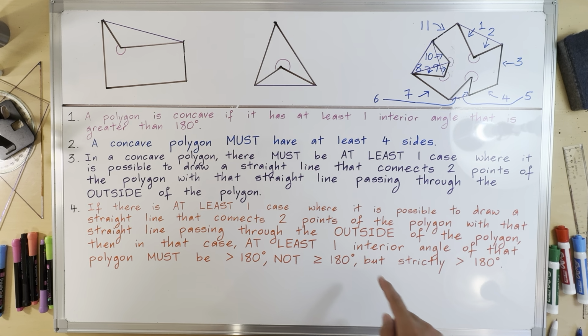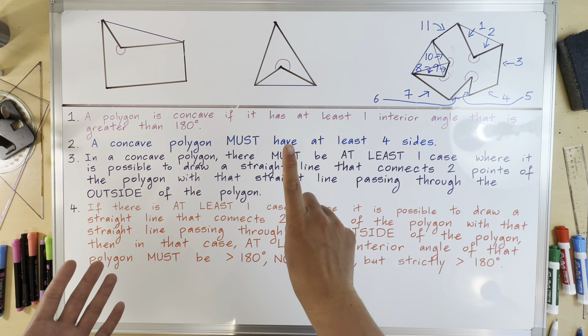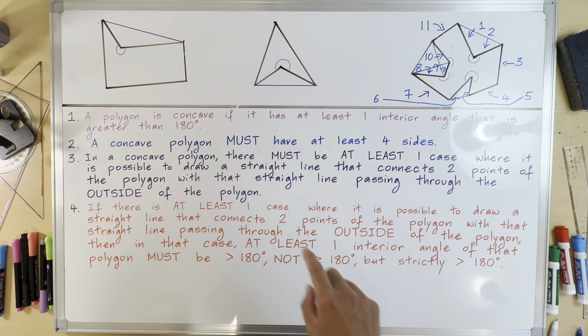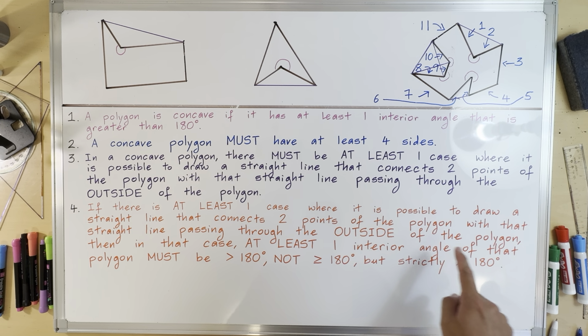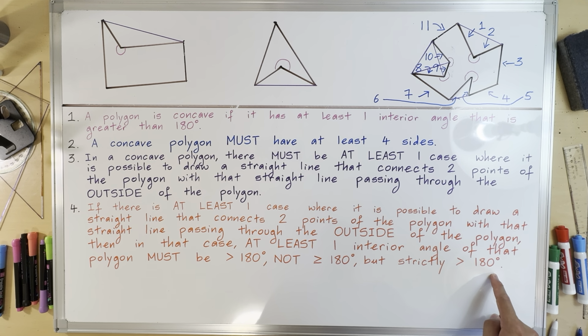So once again, it has to pass through the outside of the polygon, not inside of the polygon, and not on one of the boundary lines of that polygon, but through the outside of the polygon. Then in that case, at least one interior angle of that polygon must be greater than 180 degrees. Not greater than or equal to 180 degrees, but strictly greater than 180 degrees.